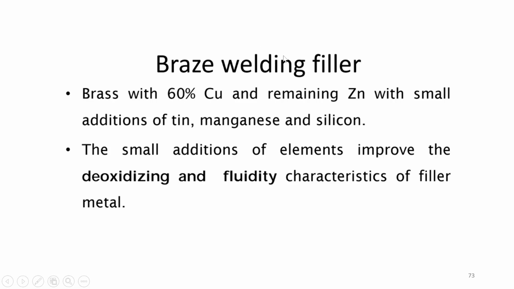In case of braze welding filler, brass with 60% copper and the remaining zinc, with small additions of tin, manganese and silicon. The small additions of elements improve the deoxidizing and fluidity characteristics of the filler metal.